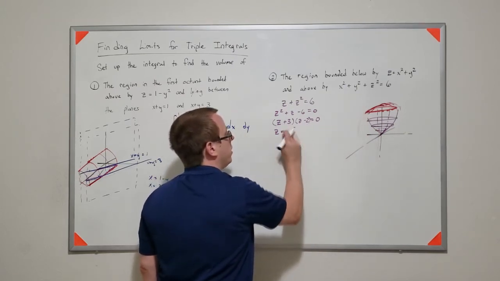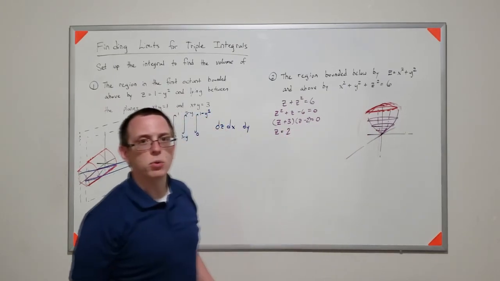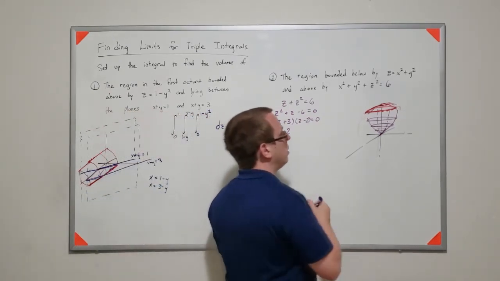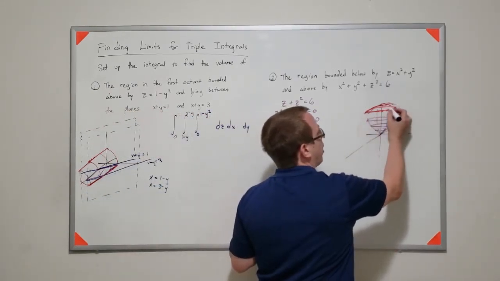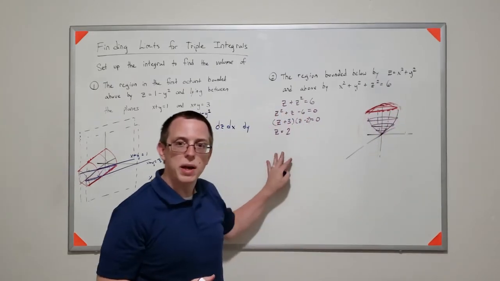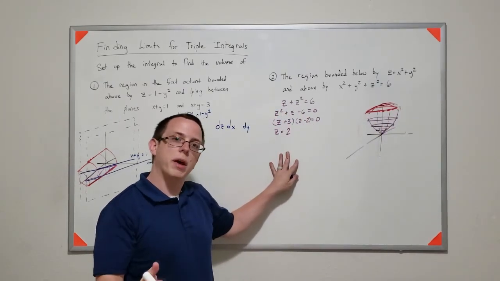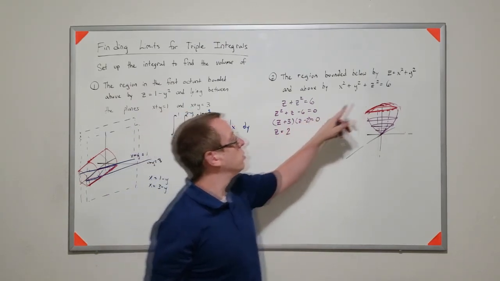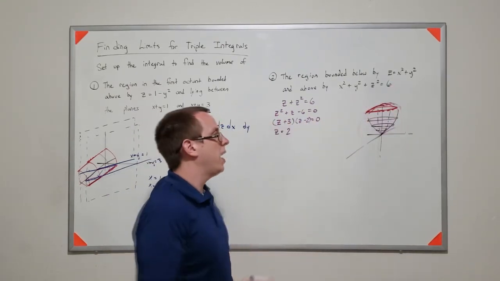So that tells me that they intersect at z equals 2. That tells me about where they intersect. That doesn't tell me my z bounds, by the way. You might think it tells you your z bounds, but what that really is telling me, since z equals 2, is something else.